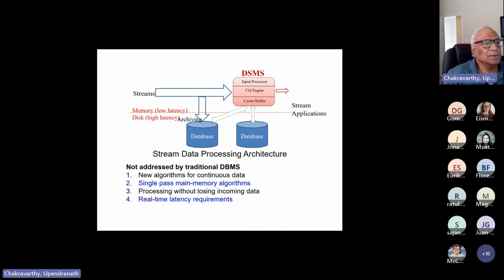Instead, a different architecture was developed where you process the stream data directly and in real time, only using main memory. So, the DSMS architecture and various applications; we did some work on this one.